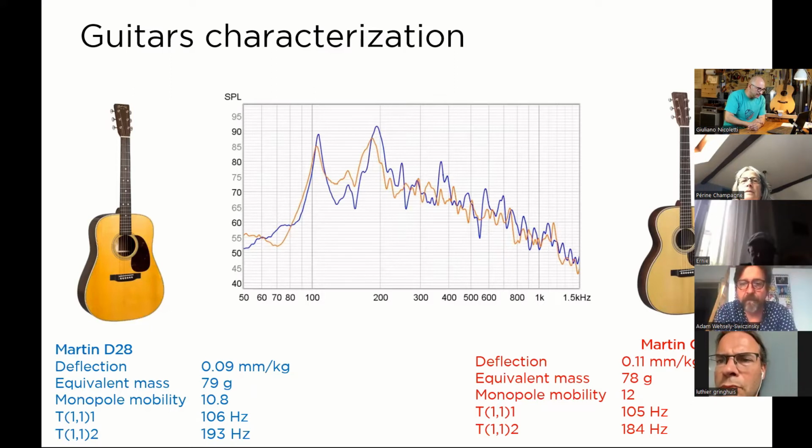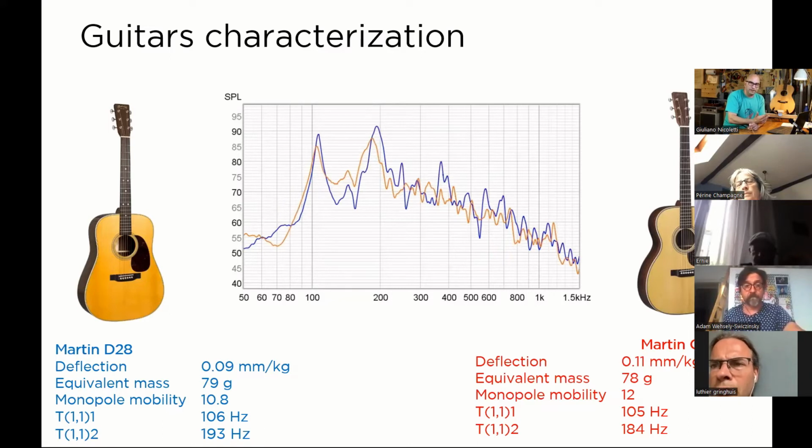It means that it is very thick, and even if this has a scalloped bracing, and so the deflection is much higher, 0.11, it means that it is less stiff than the D28. The D28 is the pre-war, it's not scalloped bracing, so it's very rigid. And the monopole mobility is similar.